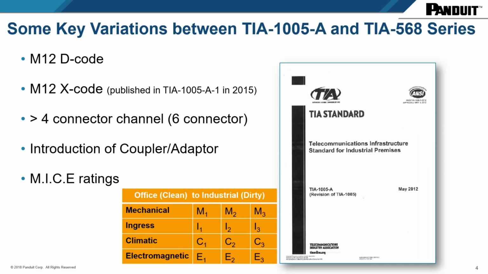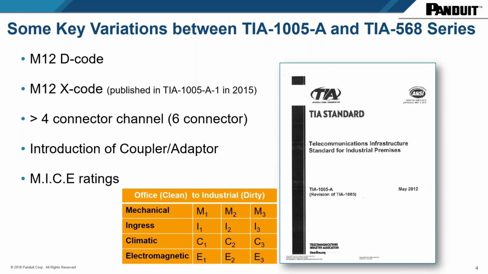So with this said, I'm going to point out that between 568 and 1005, there are some specific differences that we will address here today. For instance, in the 1005, there is a standard for connectivity connection points that we call the M12 type connectivity.